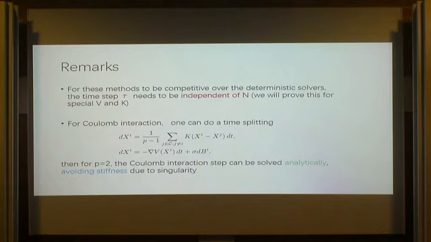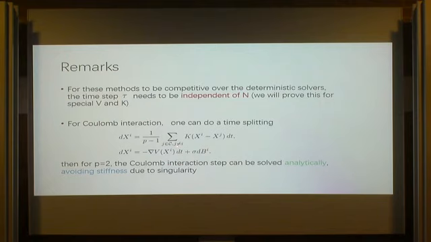It sounds a little bit too good to be true, but this is the basic law of large numbers. That's the magic of probability. Another bonus is that if you do a first order system with Coulomb interaction, and you choose p equals 2, which means you have groups of 2 particles, then each particle interacts with one more particle by Coulomb interaction, and you can solve this ODE analytically.